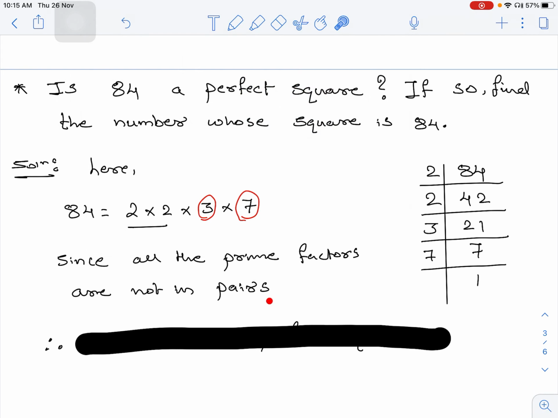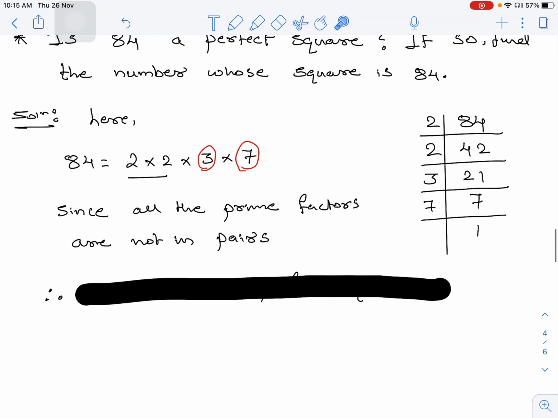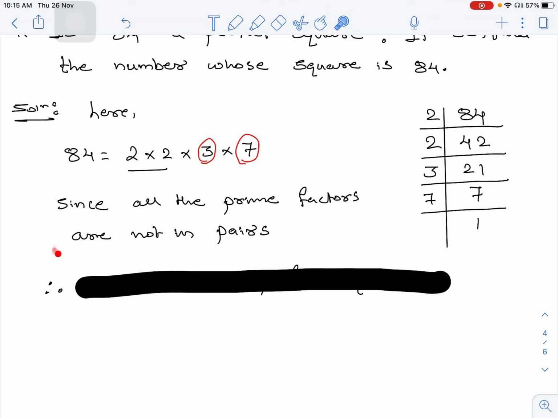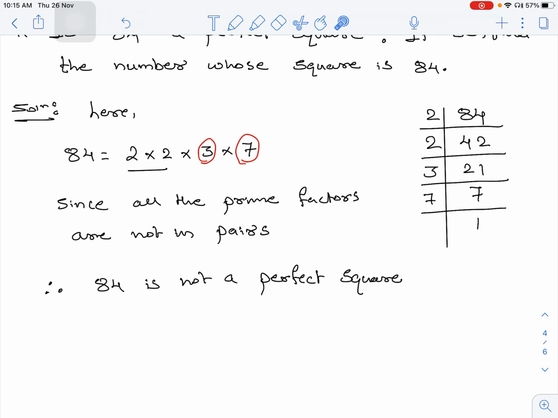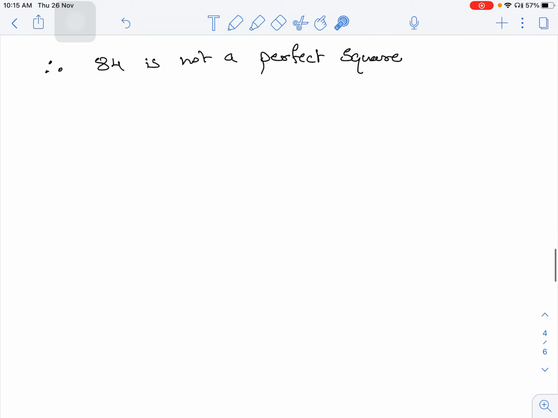So since all the prime factors are not in pairs, because only this 2 has a pair, and 3 and 7 do not have a pair, we can say that 84 is not a perfect square. So one thing is clear, that for a number to be a perfect square, all its prime factors should have a pair.